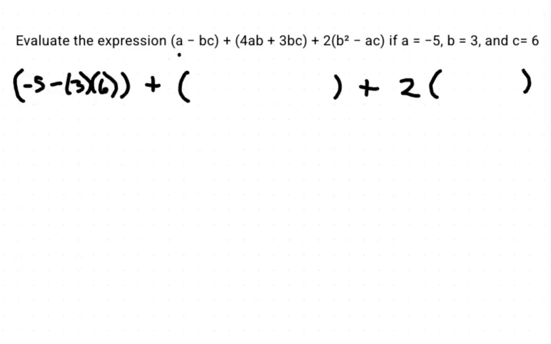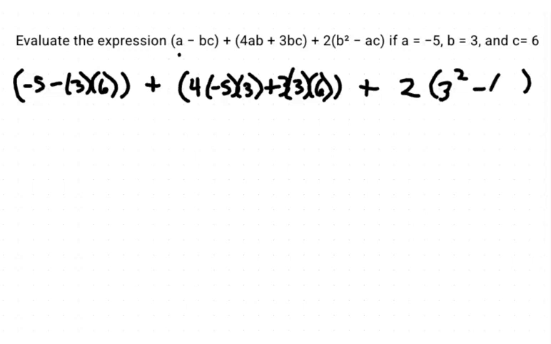All right, 4 times AB is going to be 4 times A, which is -5, B, which is 3, plus 3 times B, which is 3, C, which is 6. Then I have 2 onto B squared. B is 3 squared, minus A, which is -5. And then I'm going to have to fit this in here, a C.